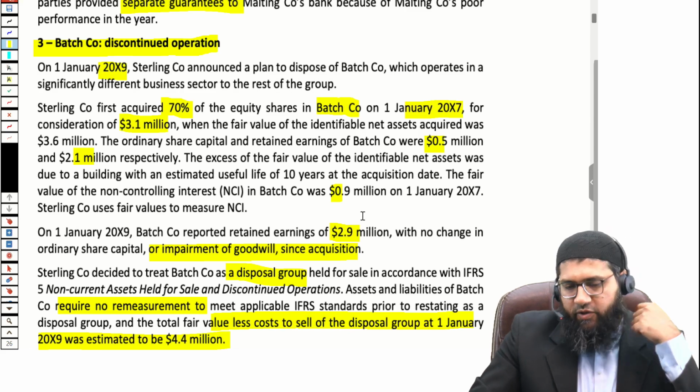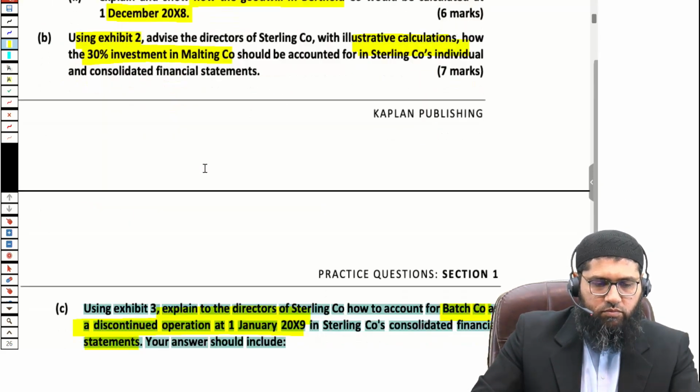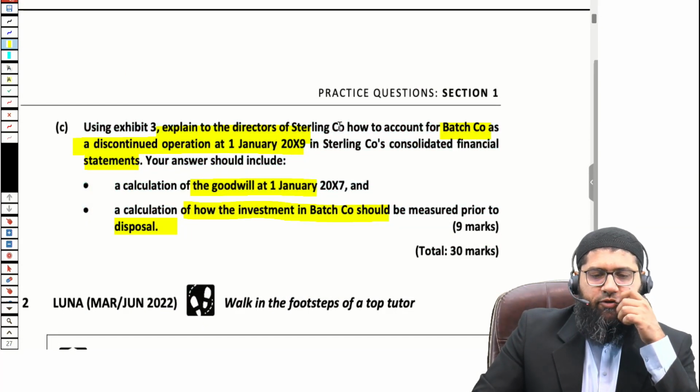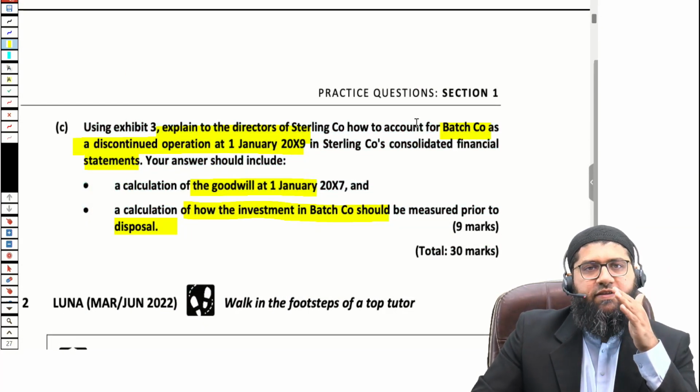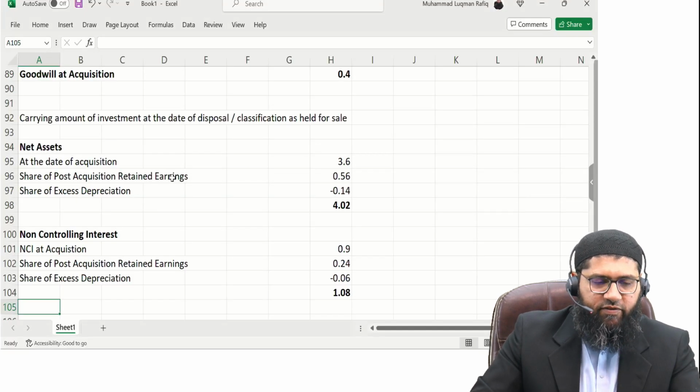So the question's requirement is to explain to directors how to account for batch as a discontinued operation at 1st January 2009 in a Sterling Company's consolidated financial statement.